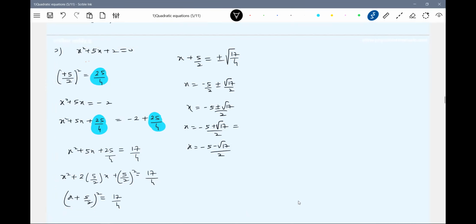Let me simplify this one. 4.123 minus 5 is minus 0.877, and divided by 2, this will become equal to minus 0.44. Okay, there's one value.